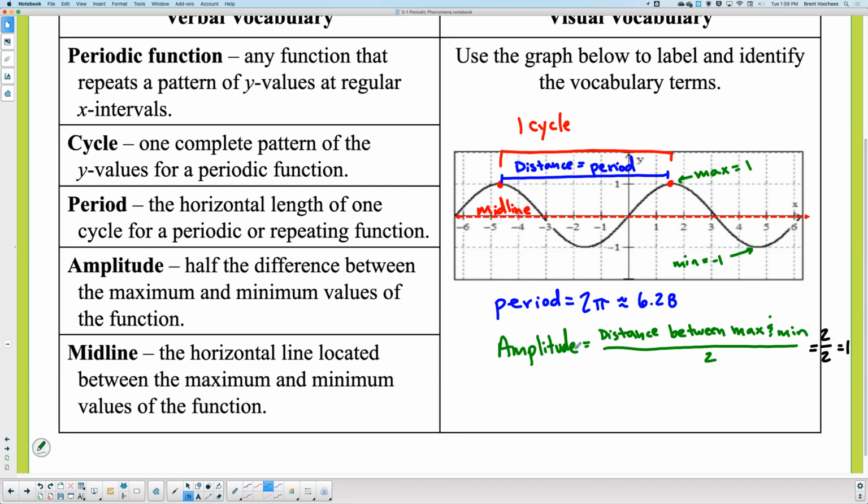So I could say, or distance between midline and, I'll just do the maximum because I'm running out of space.